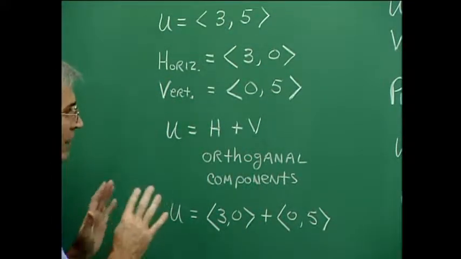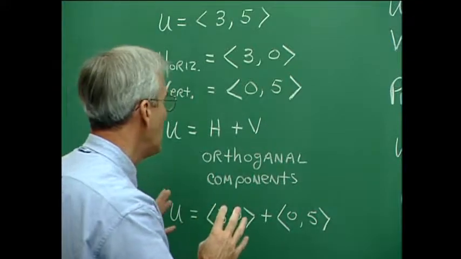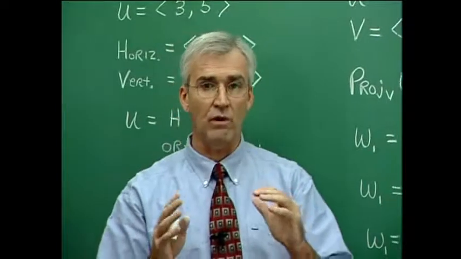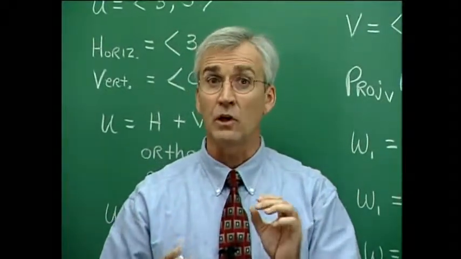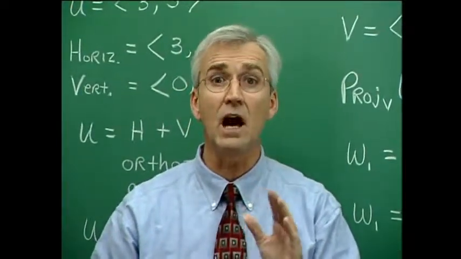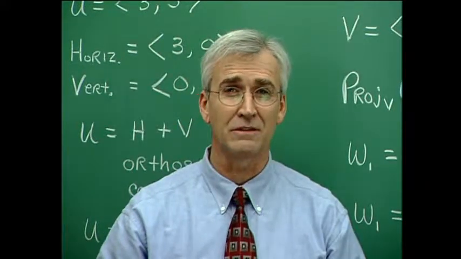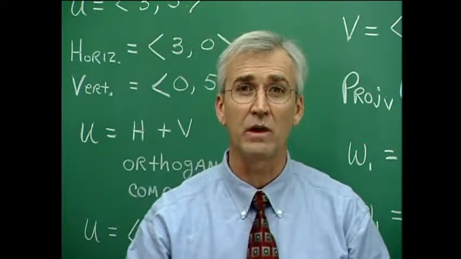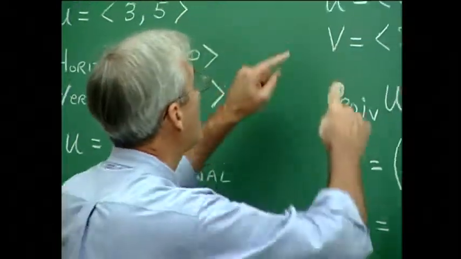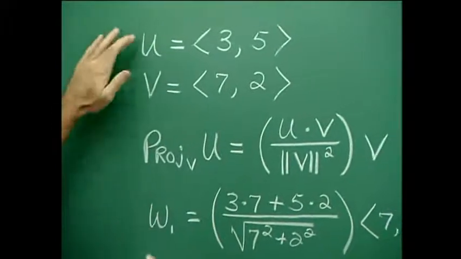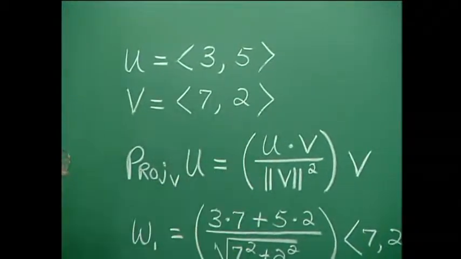Now, this is a rather interesting setup to break down a vector into orthogonal components. But those orthogonal components need not be horizontal and vertical components. They can have different angles associated with them. Consider this problem. Suppose u is 3, 5 and v is 7, 2, and I want to project u onto v. We know how to do that from previously.